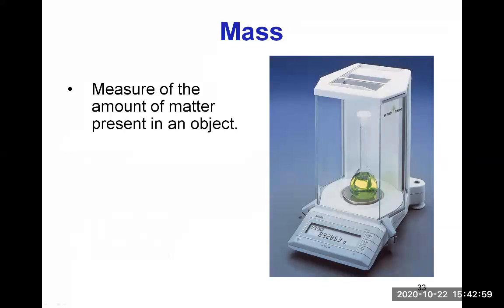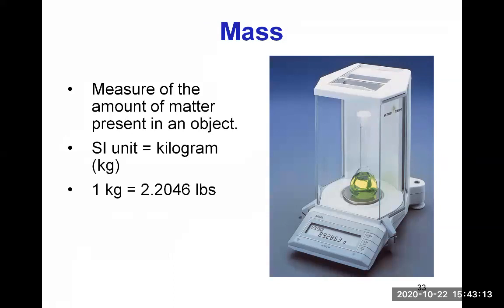Mass. Mass is a measure of the amount of matter present in an object. The System International unit is the kilogram. That's a prefixed unit with the prefix kilo. And 1 kilogram is 2.2046 pounds, because you're probably used to pounds living in the US.